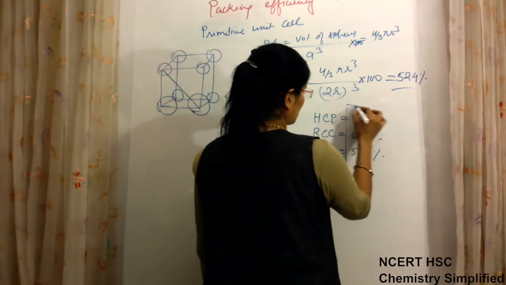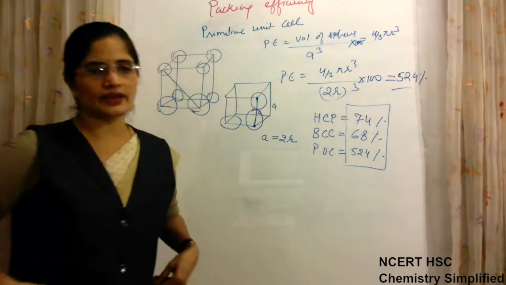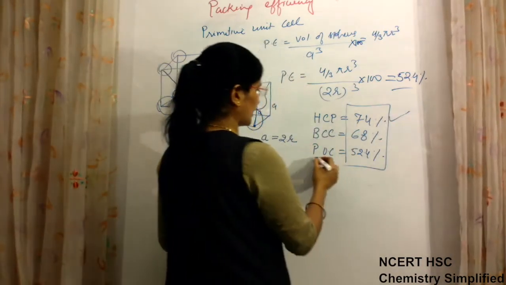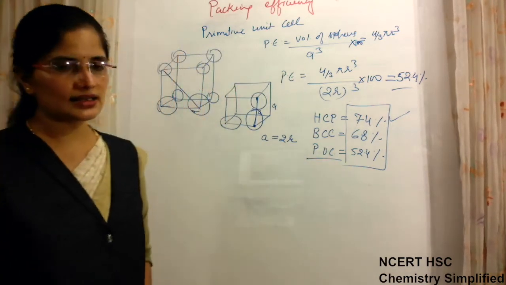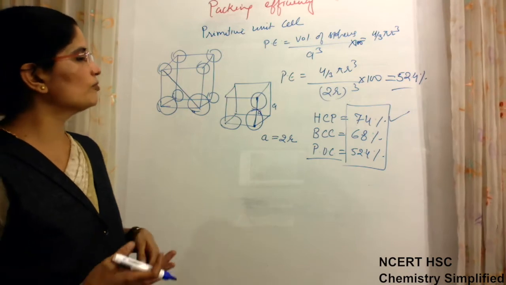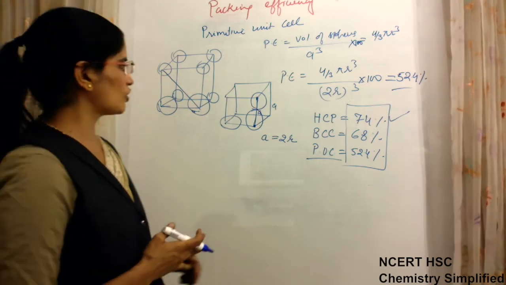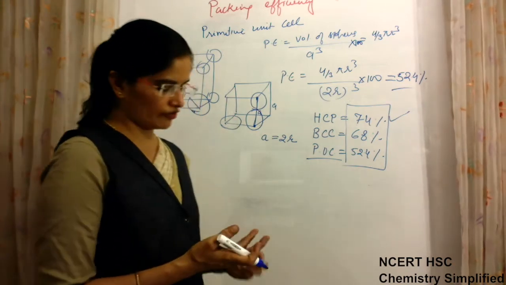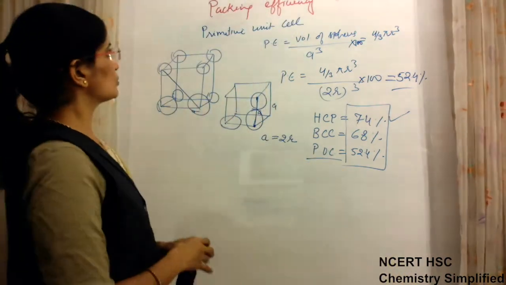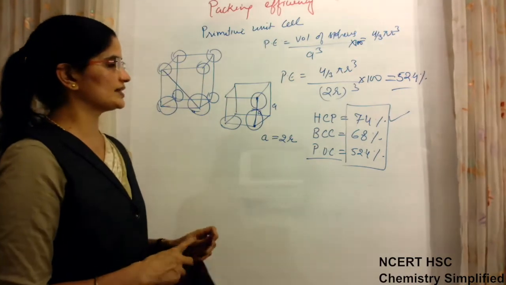So seeing the data for all three, we can conclude which is the most efficient type of packing, and the primitive unit cell wastes the most space because of the large number of voids present in it. Okay, so this is all about your packing efficiency.